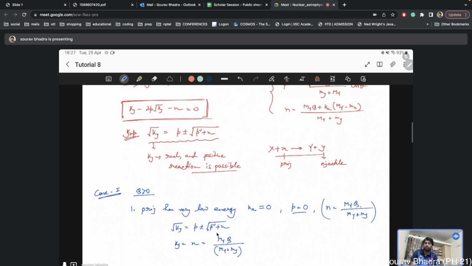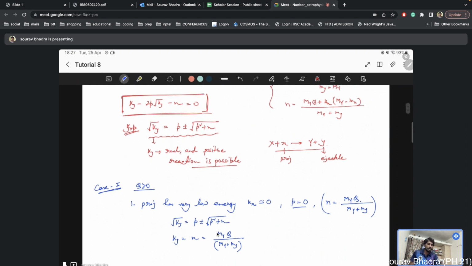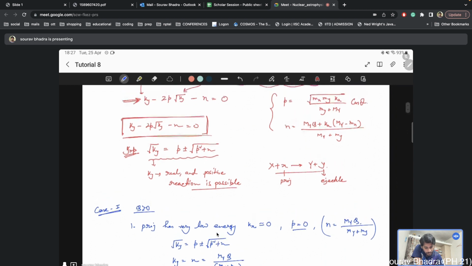So, under these two conditions, just remember the two conditions, q is greater than 0 and the projectile has very low energy, then you can write the energy of your ejectile ky as the mass of the other product, that is capital Y, times q divided by the mass of the ejectile plus that other product. You can see that as our p is 0 for this particular case, the cos theta dependency is not there in the problem.